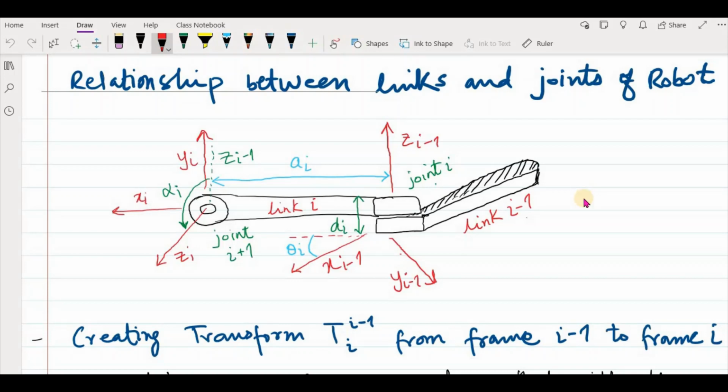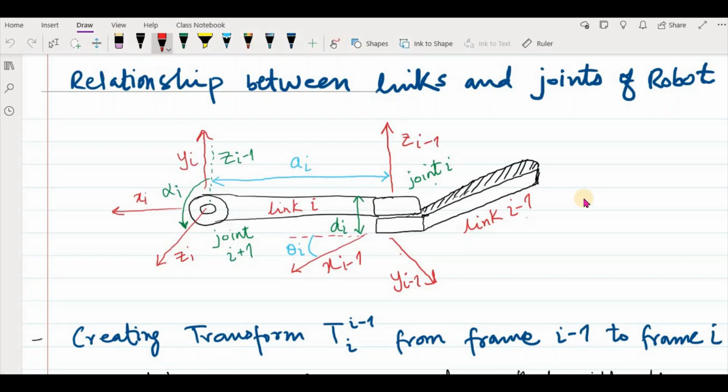Of course, this joint rotates along the z-axis like this, so we make a z-axis here, and then you have to attach the x-axis pointing toward the length of the link i minus 1. You see that link i minus 1 is in this direction, so we have made the x-axis in this direction, which is x i minus 1. And then you make the y i minus 1 axis perpendicular to both the z and x axes. So our frame attachment is complete.